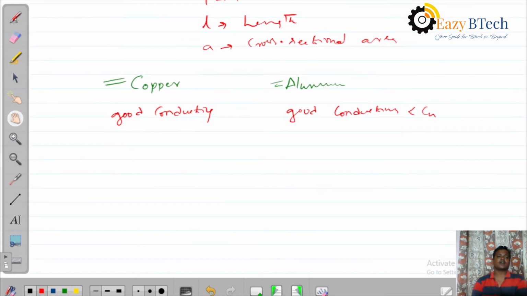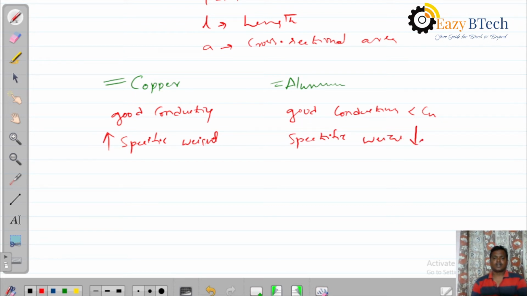Now the second comparison is the specific weight of the conductor. If the specific weight of the conductor is more, then we need to install a stronger support for the overhead transmission system. Copper conductors have more weight compared to aluminum. The specific weight of aluminum conductors is less compared to copper conductors. Therefore, no need of stronger supporting structures for aluminum conductors.